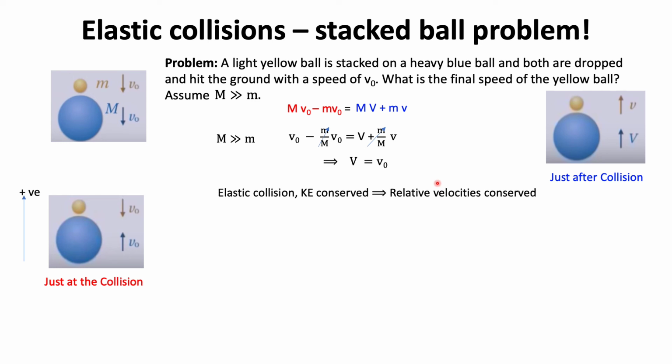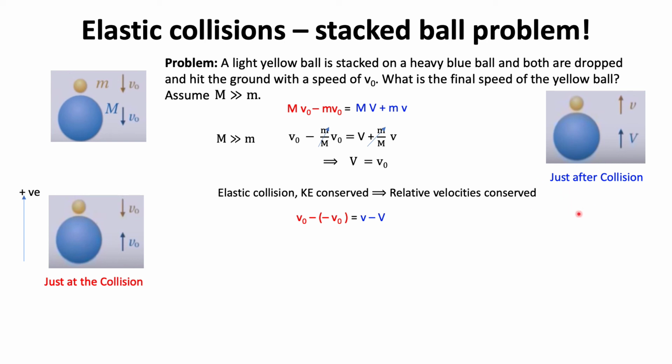Next, we know that this is an elastic collision, so the kinetic energy is conserved, which means that the relative velocities are conserved. So applying that, we get the relative velocity of the yellow ball with respect to the blue ball, that's V0 minus (minus V0), is equal to the one after collision, that is the yellow ball, that's lowercase v with respect to the velocity of the blue ball, right?